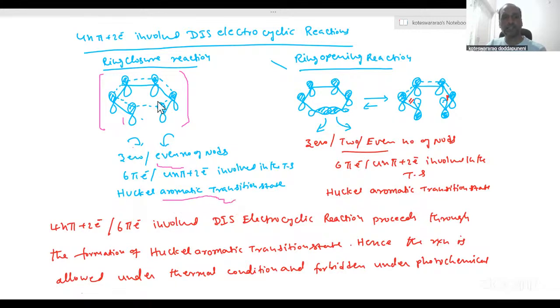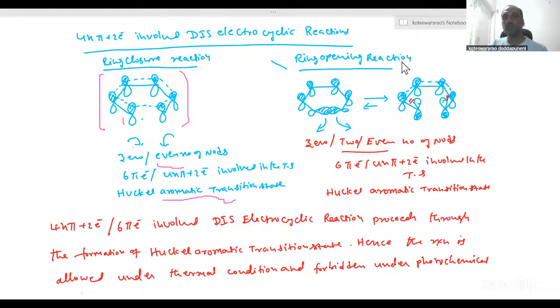Once the transition state involves zero nodes with 4n plus 2 electrons, it is a Huckel transition state, which is aromatic, with an even number of nodes. Then it is thermally allowed and photochemically forbidden.